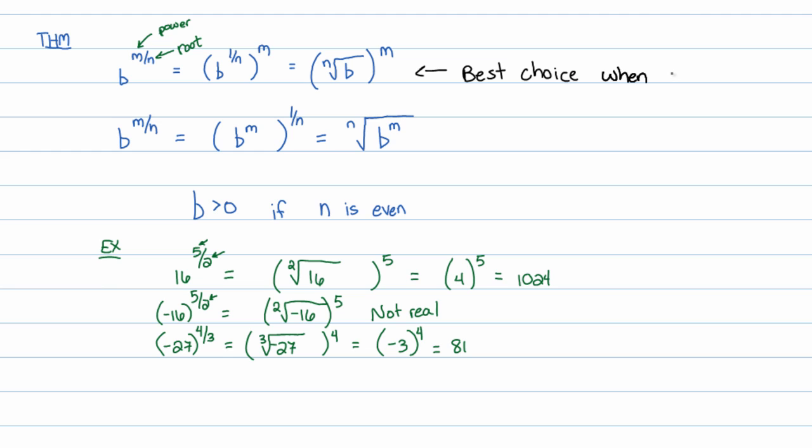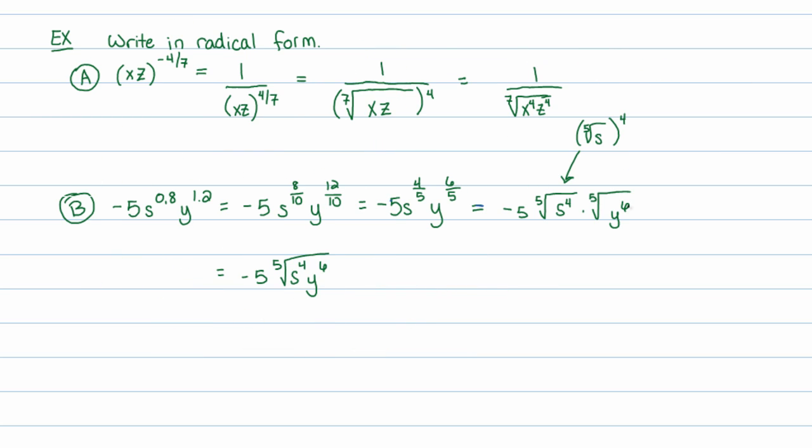But if you're dealing with variables, that second one is the best choice, just because it allows for simplification a little bit better. That's all. So let's go back to our example set here, and I hope that makes sense to you.